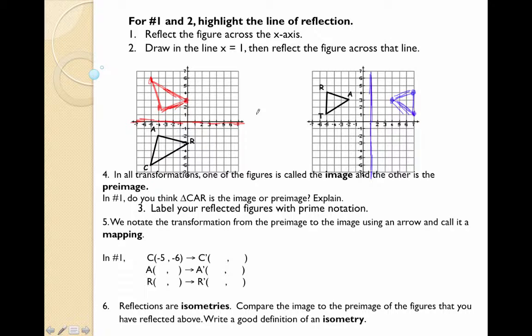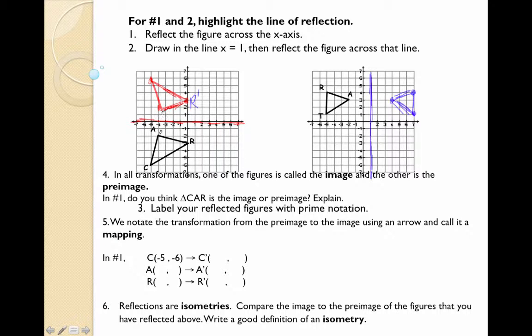And the way we note the new, I see I've skipped 3. 3 just asked us to label the points on the graph. So the way we do it is by adding a little prime, which is, if you're writing it by hand, an apostrophe, but it's just straight. But if you're using a computer to type it, then you have to use an apostrophe. So the point that I got by mapping R over is called R prime.